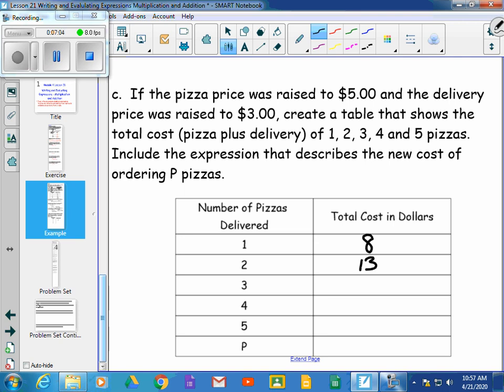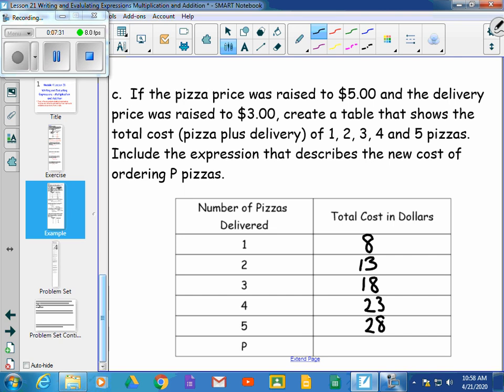Add 3 for the delivery charge, you'd get $18. 4 pizzas would be 5 times 4, which is 20, and then add 3 for the delivery charge. And 5 pizzas would be 5 times 5, that's 25, and then add $3 for the delivery charge to get $28.